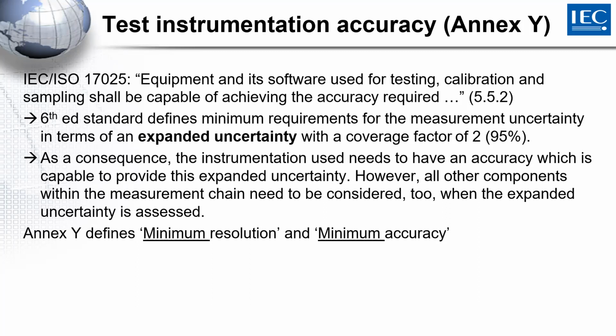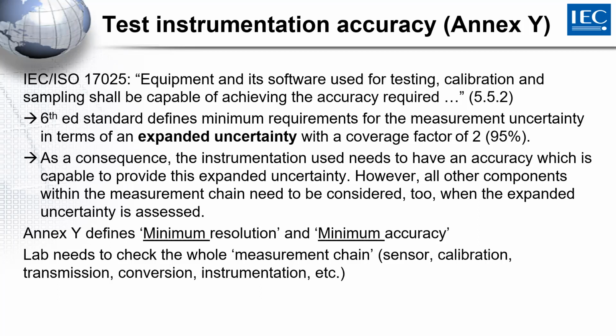For sure, you can be better, but what is defined in this Annex Y is a minimum of the accuracy which is needed. And this means, as I said, you have to check the whole measurement chain to be able to see what is the overall accuracy of your measurement.